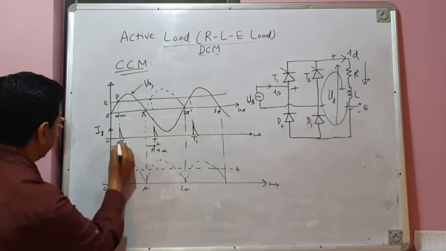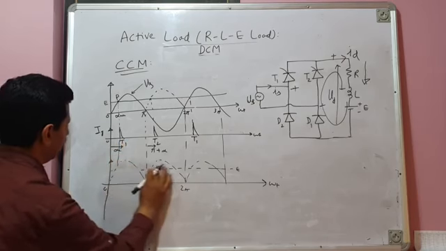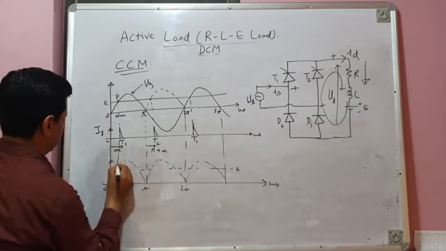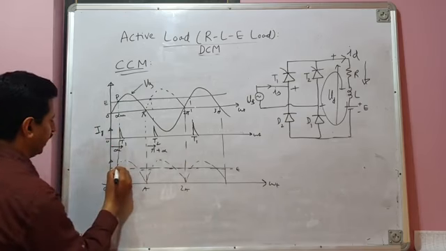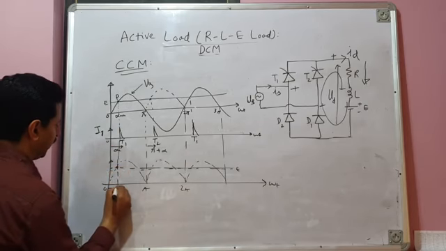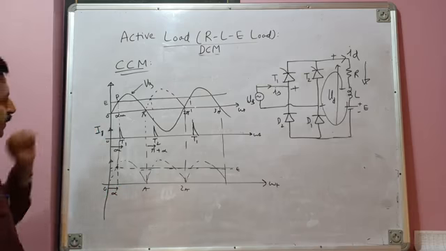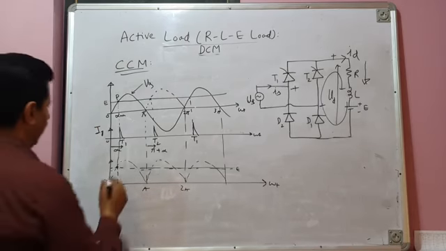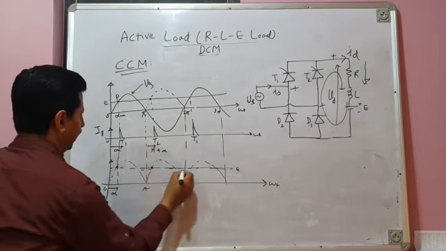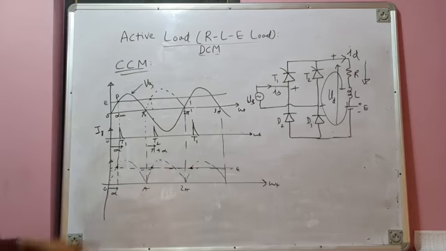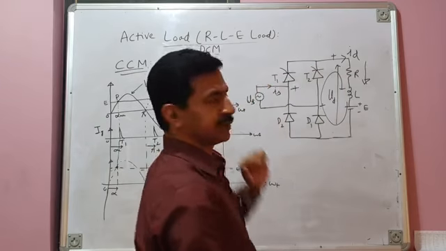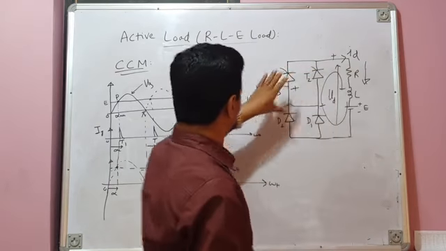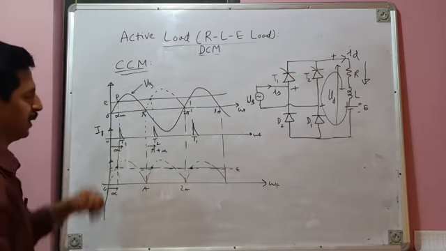This is the first firing instant. After a delay of alpha electrical degrees, thyristor T1 is fired. Okay, and here T2 is fired. Here T1 is fired again. So when thyristor T1 is fired, T1 D1 goes into conduction, the load gets connected to the source, and the load receives the remaining segment of the positive half cycle of source voltage.